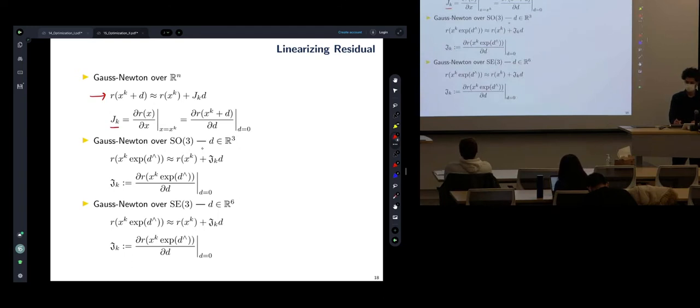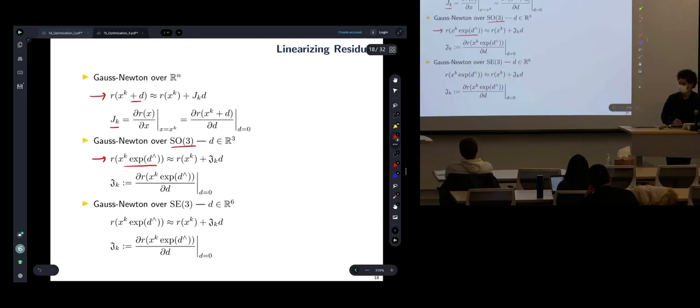For example, if your decision variable is on SO3, now to perturb the residual using a delta, we can no longer add a delta. Instead, we perturb the current point by multiplying by the exponential of a delta in the Lie algebra. Does that make sense? These two are equivalent when we respect the rules of the corresponding domain of the variable.